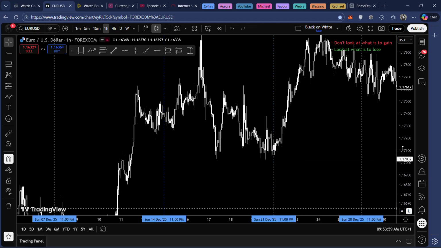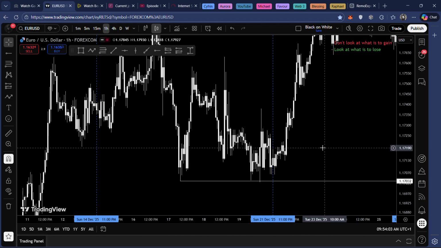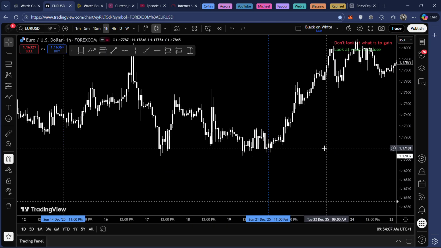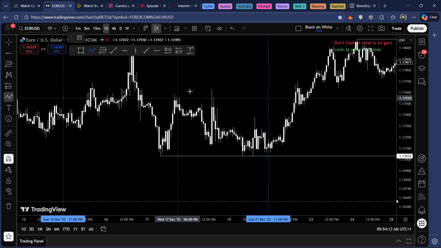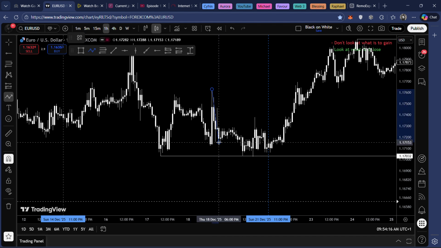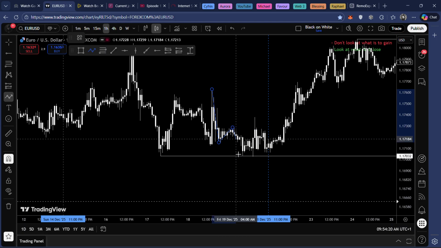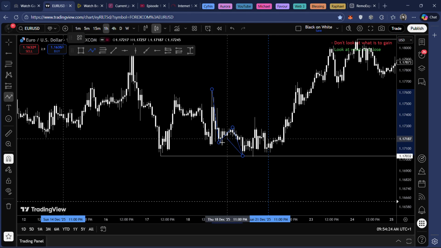Now look at what happened here, within the same 1 hour. Market came down here, came up here, came back. Now you see there's another zone from here.